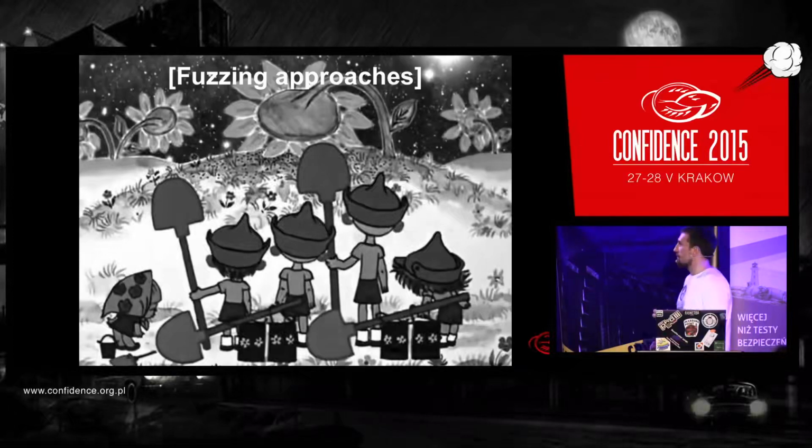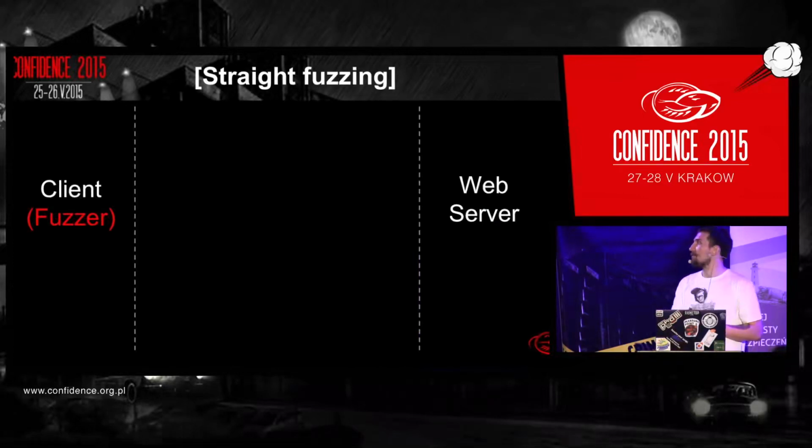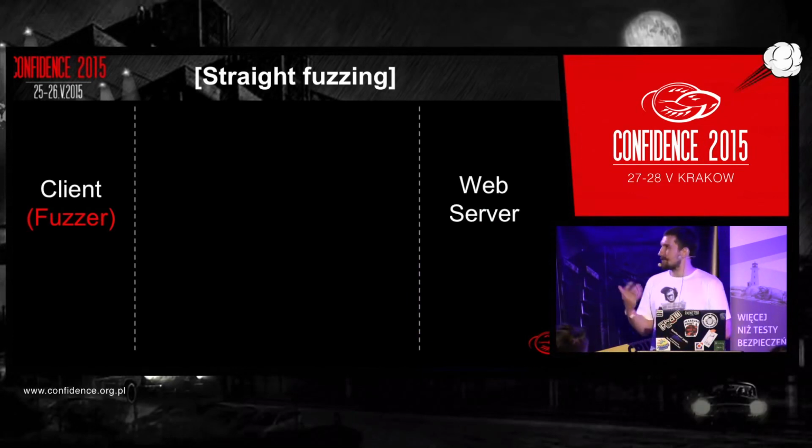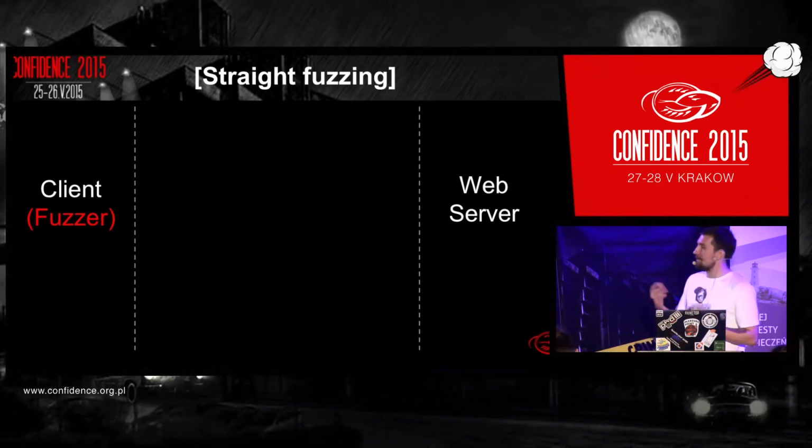Okay, let's talk about fuzzing approaches, the approaches that are used to fuzz web servers. The first approach is straight client-originating fuzzing. In this approach, a fuzzer pretends to be a legitimate client, which is sending some request to the web server.